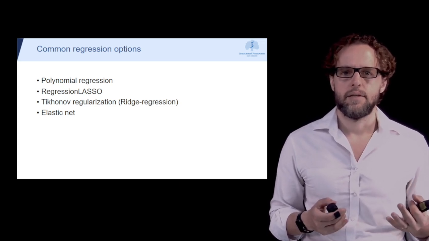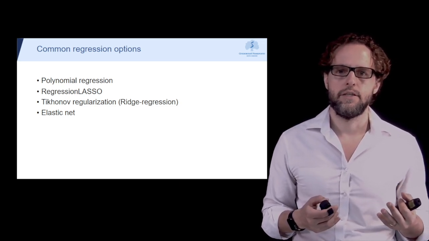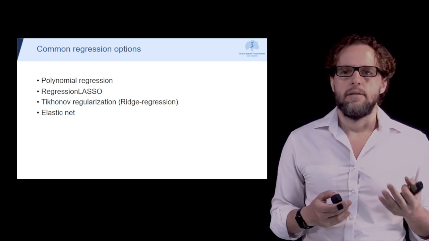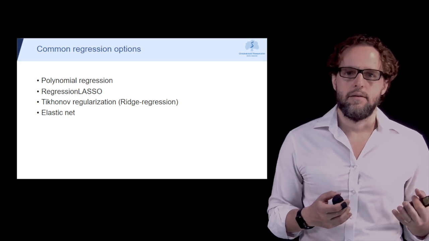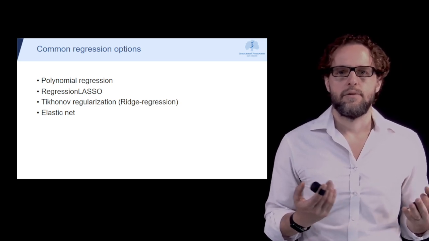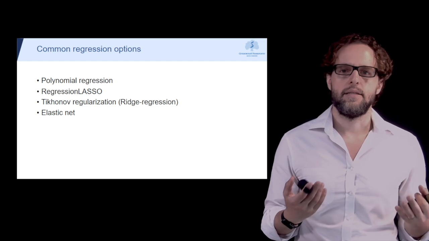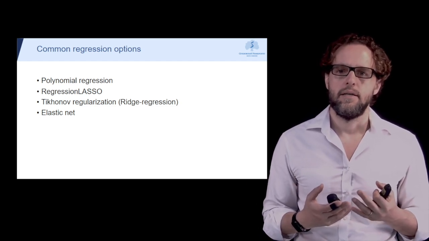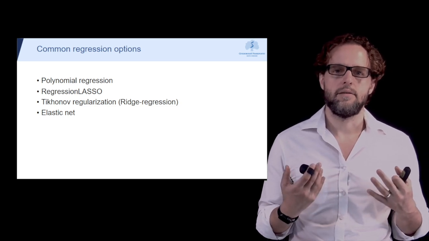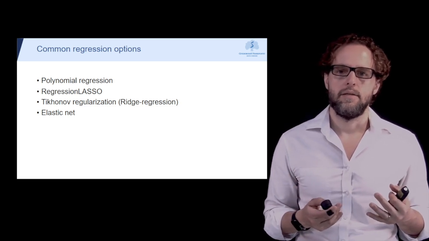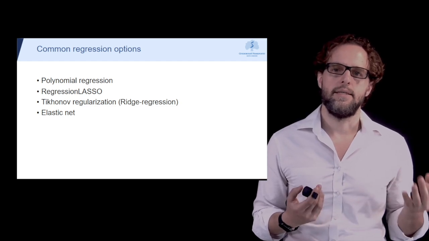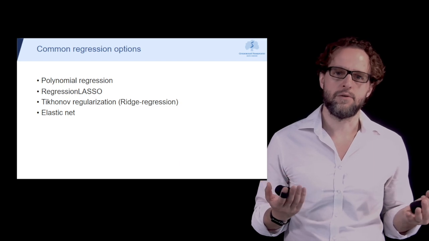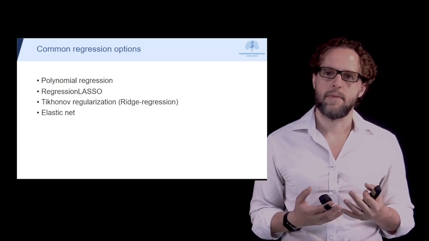Lasso regression, least absolute shrinkage and selection operator, is another regularized linear regression version, which is an elastic model with regularized size of the weights.